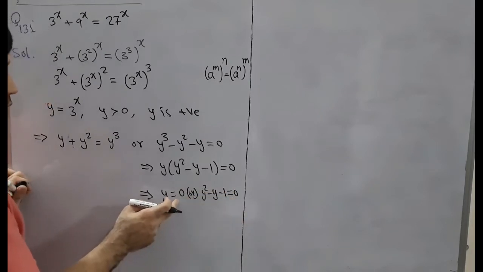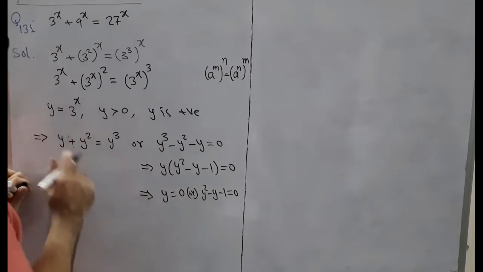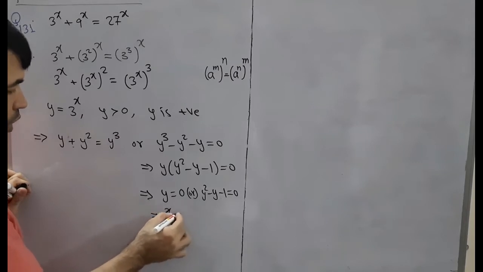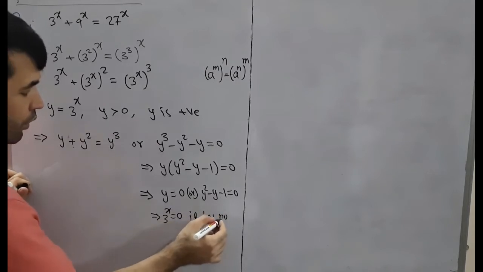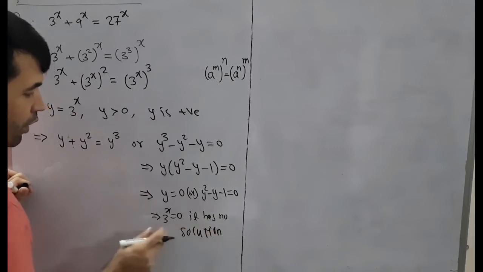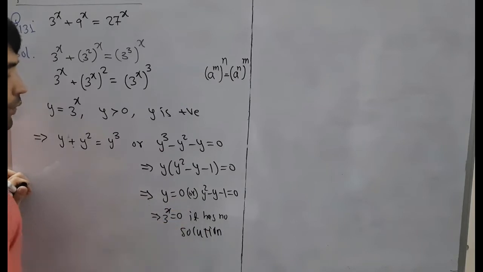Now we verify whether this is a solution or not. If we put y is equal to 0, this implies 3 to the power x is equal to 0. It has no solution. So y is equal to 0 is not a solution.